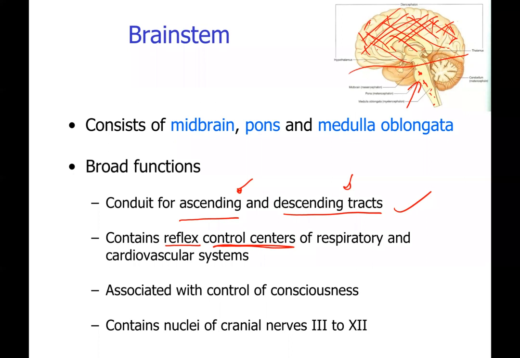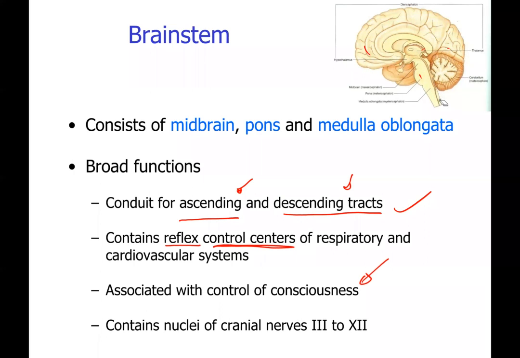Then the other point is that the brain stem is associated with control of consciousness or alertness. So there is an area called reticular formation in the brain stem. It's a long area. It's not limited to one area. So this reticular formation is a long collection of cells.